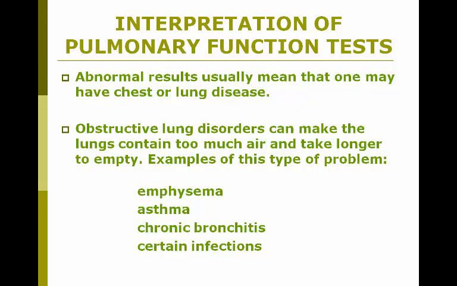So what happens when the air is retained in the lungs too long is that carbon dioxide is going to keep coming out of the blood back into the lung, and carbon dioxide is going to build up in that lung, and it's going to build up in the blood, and this causes a lot of respiratory problems.